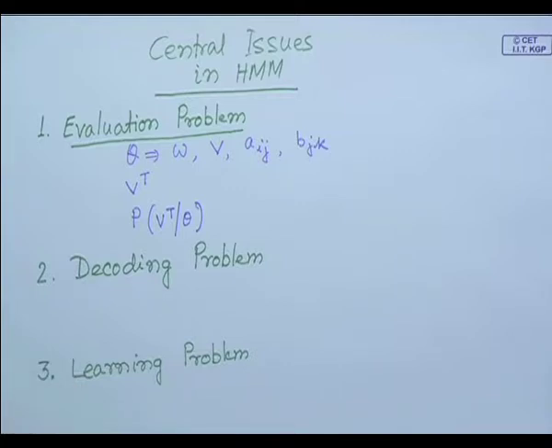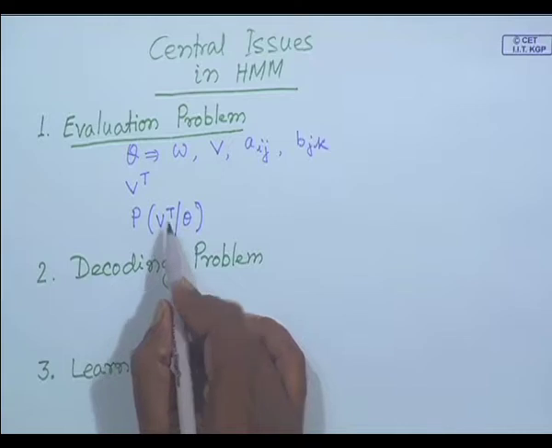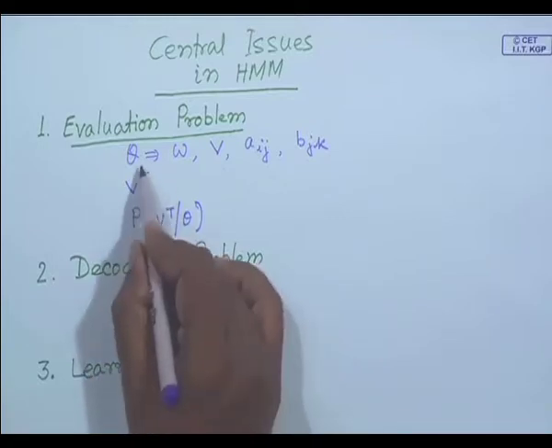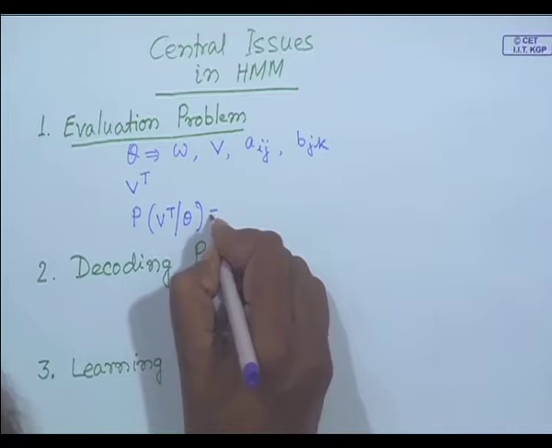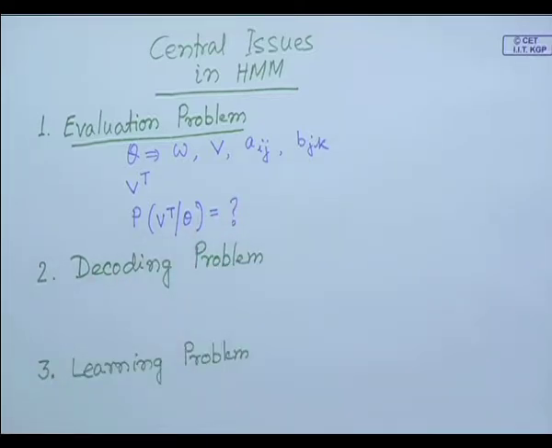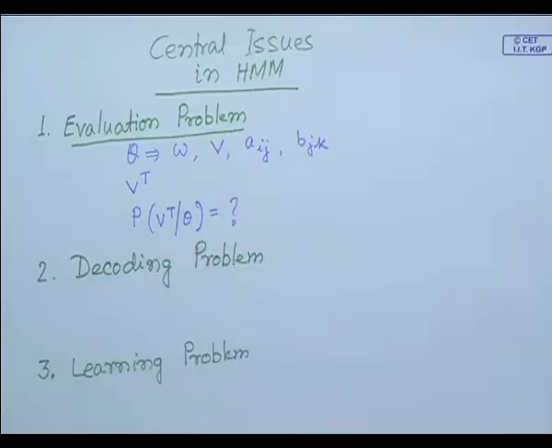So this is the probability that this visible sequence Vt was generated by the hidden Markov model theta, where theta is specified over here. This is represented as probability of Vt given theta, and this is the evaluation problem.